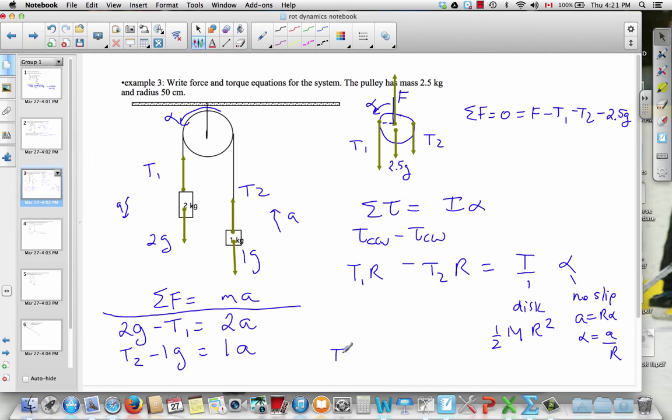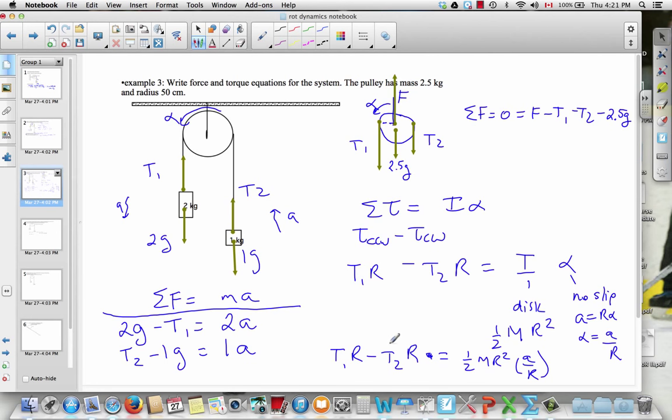So putting that all together, believe it or not, you get this for your net torque equation.